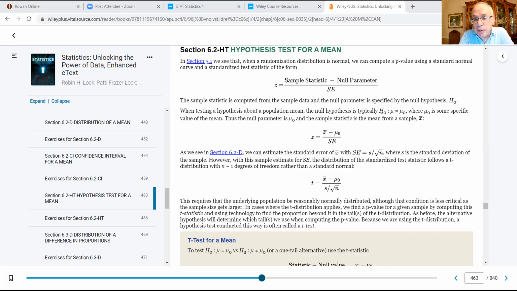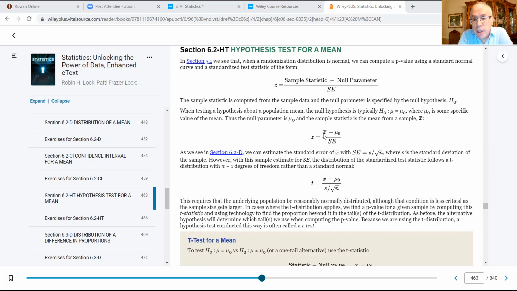The standard error, as far as the formula is concerned, for a sampling distribution of a sample mean is sigma, the standard deviation for the population, divided by the square root of the sample size. But sigma typically is unknown, so it was suggested that we substitute S, the standard deviation for that particular sample, the one that we got.